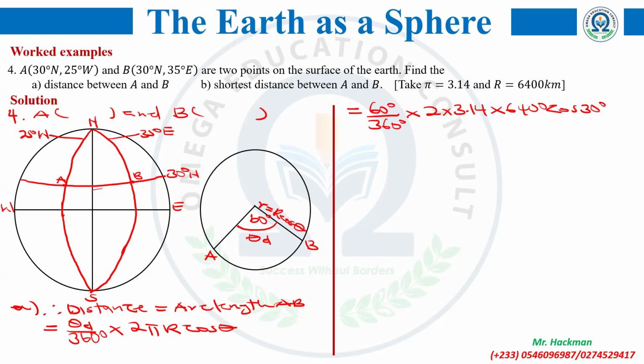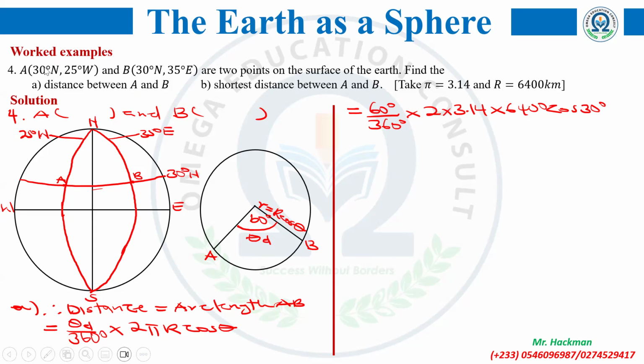Please, I wanted to ask how you got the 60 degrees. Were you with us from the beginning? We said theta sub d is the difference in angle. To find it, we check whether the two points have a common latitude or longitude.